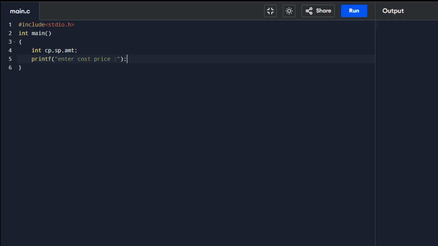And scanf percent d for integer, comma, ampersand CP.